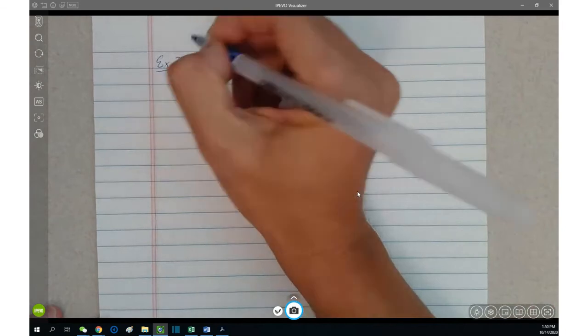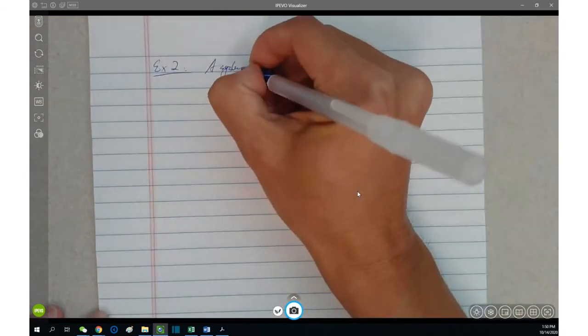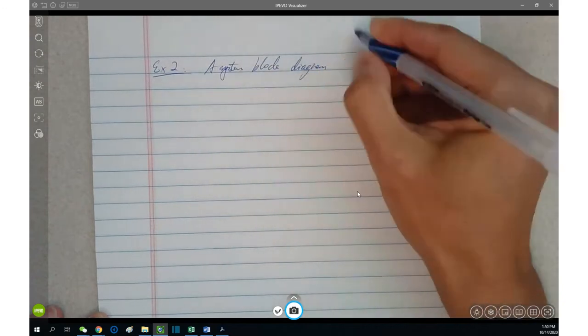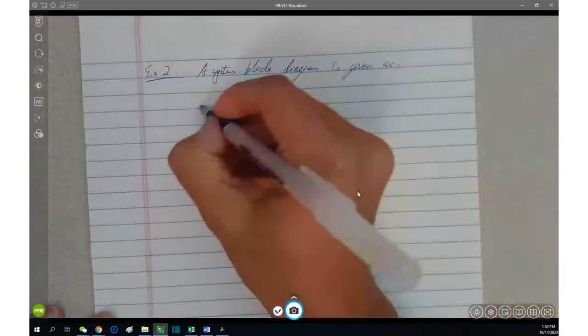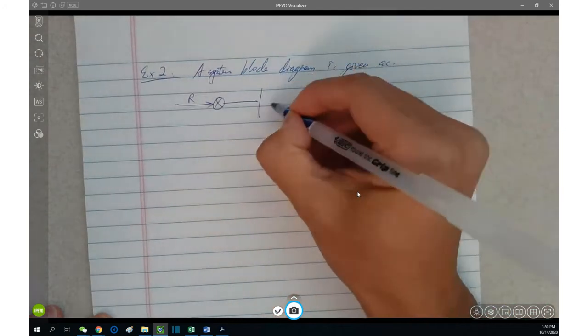All right, let's take a look at example 2. Example 2: a system block diagram is given as this.